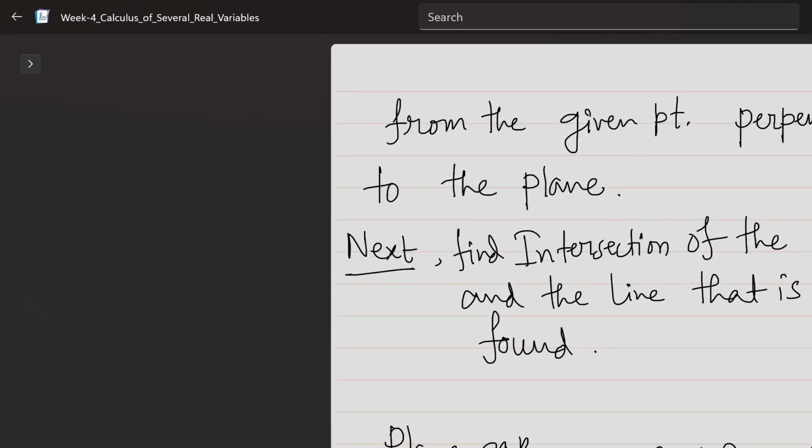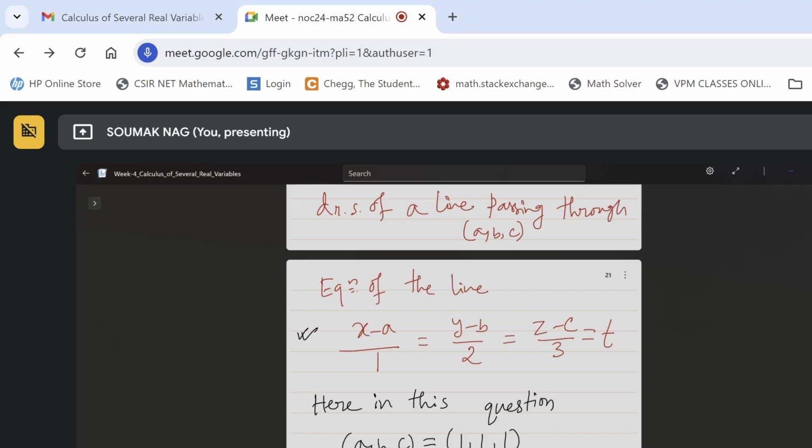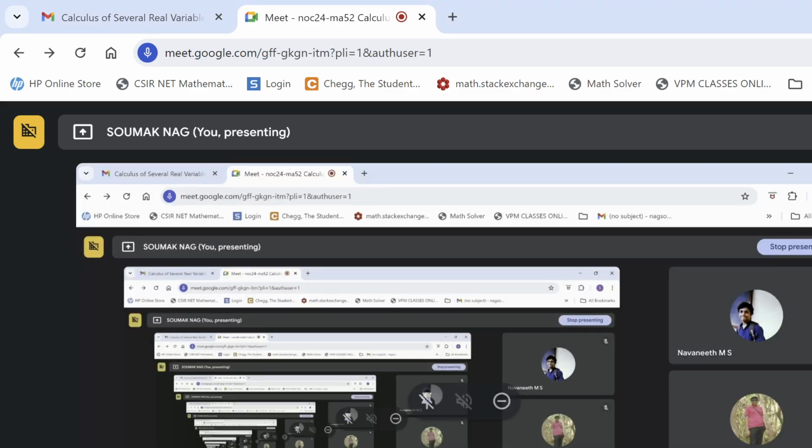Will they ask about the process or only the answer in the assignments? Only the answer. If you do it in my process, using geometry, it is also fine. You will get the same answer.